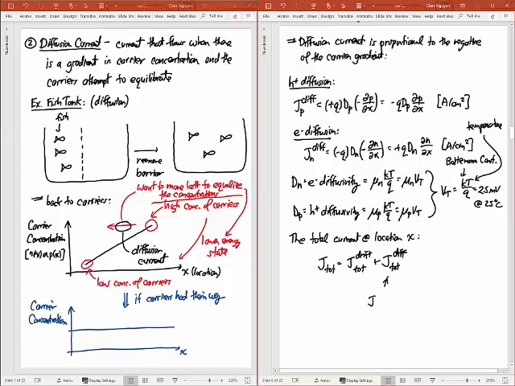That's just Jp of diffusion current plus Jn of diffusion current. Okay, so this now becomes your total current equation, including both drift and diffusion components there, both of which will be important when we start talking about semiconductors.